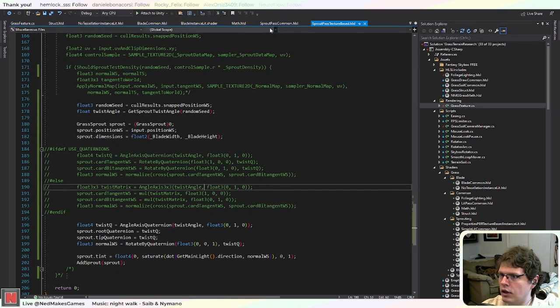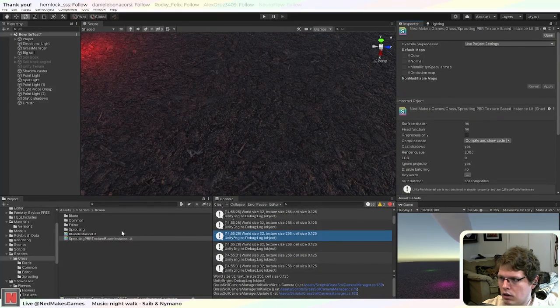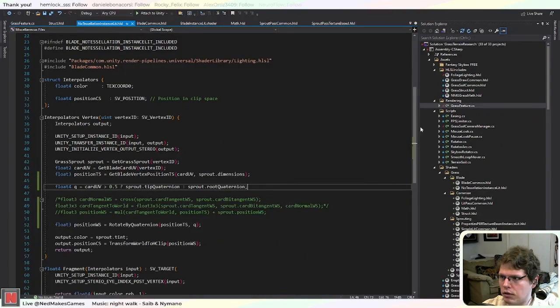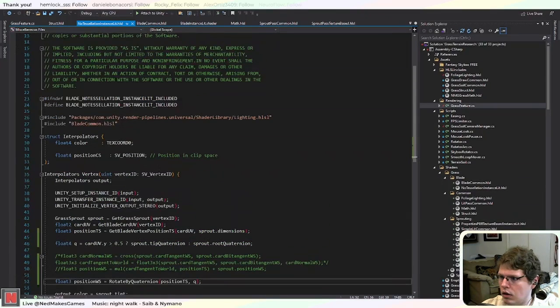Did I do the same thing in the... No, the point first. Dimension of conditional does not match the value. Oh. Okay, and I don't use the math, but I think I'll just include it in Blade Common.